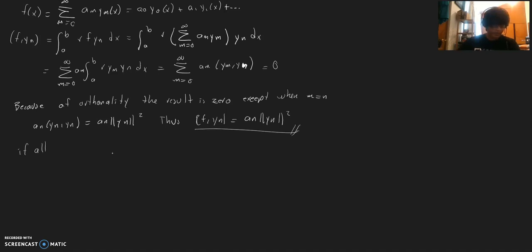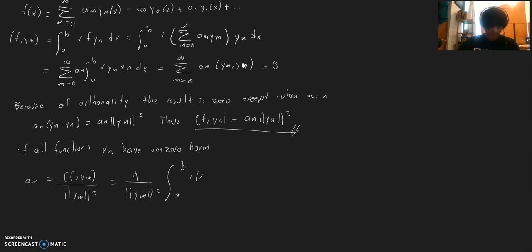Also, another consideration can be made: if all the functions yn have non-zero norms, then we can obtain the coefficients of the series using this method: am equals 1 over the norm of ym squared, times the integral from a to b of r of x multiplied by f of x and ym of x dx.